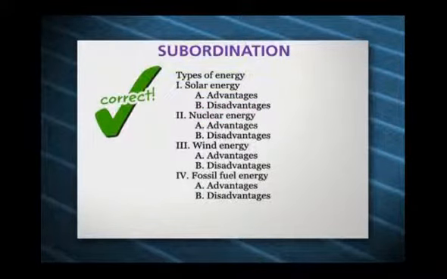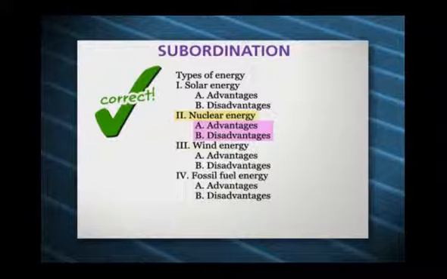Correct subordination would have types of energy, and then under that, I'd have one type, solar energy. Under that, advantages and disadvantages. And then I would have my second type of energy, nuclear energy. Under that, my advantages and disadvantages.